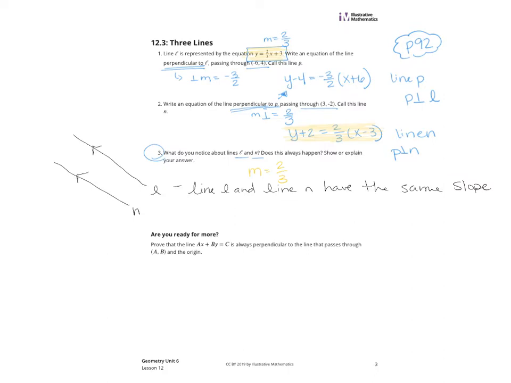So then it goes on to say, what do you notice about lines L and N, and does this always happen? So notice how P figures into this. P is perpendicular to L. P is also perpendicular to N. So if I graph a line that could be P, it turns out it would be perpendicular to both of those lines.